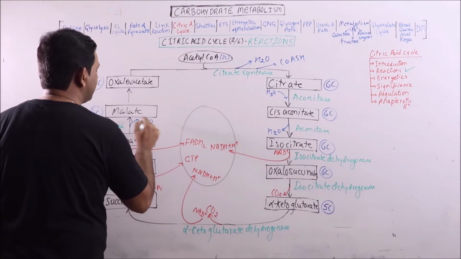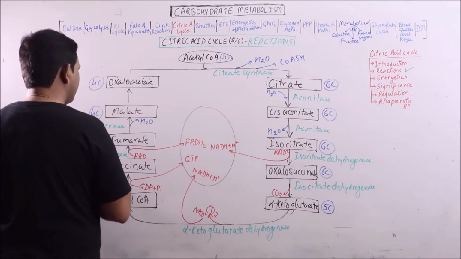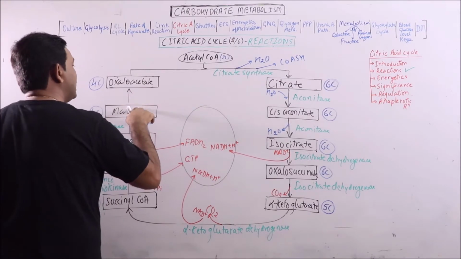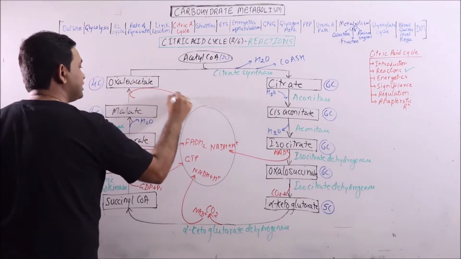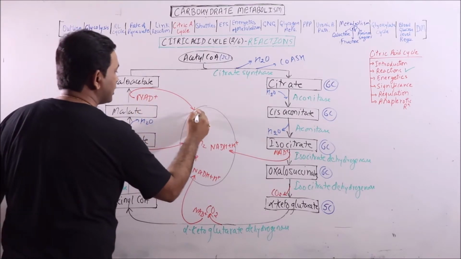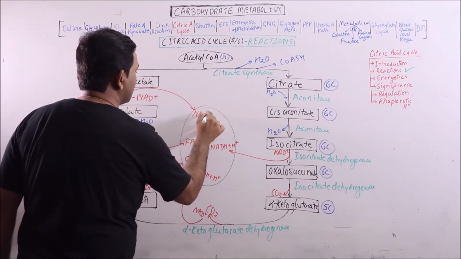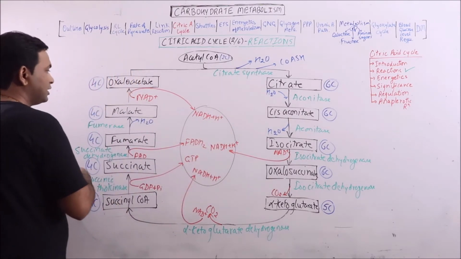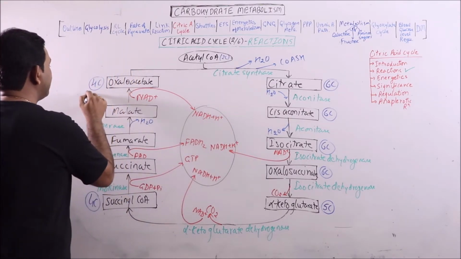This step releases one H2 molecule, and when malate is converted to oxaloacetate, one NAD plus is again reduced to NADH. So the enzyme will be malate dehydrogenase.